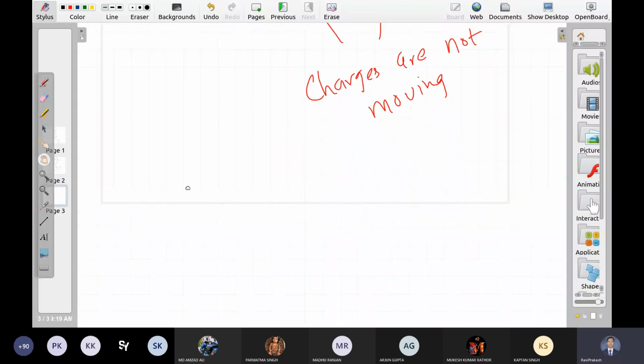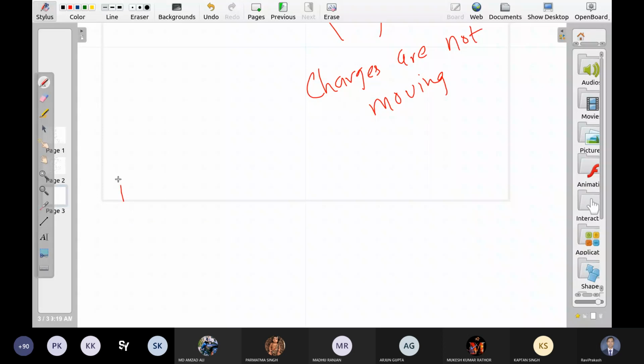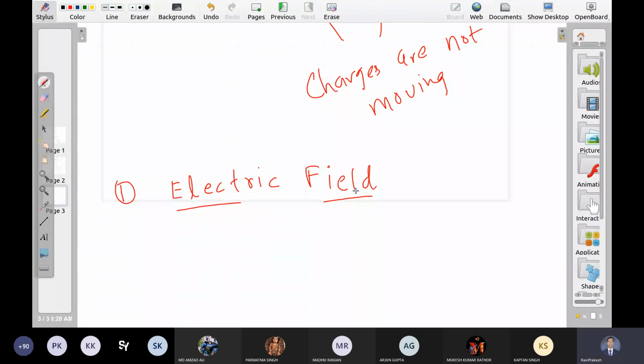So one such phenomenon is the electric field. When charges are not moving, they produce electric field, and when they are moving, if we have moving charges, then what will happen?